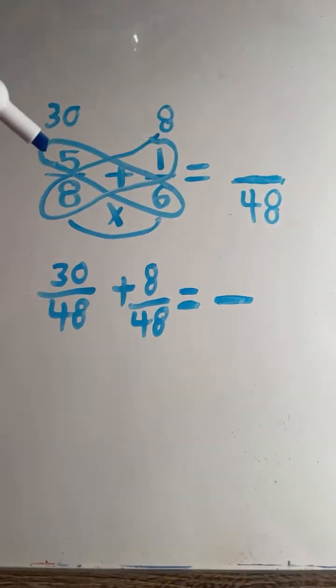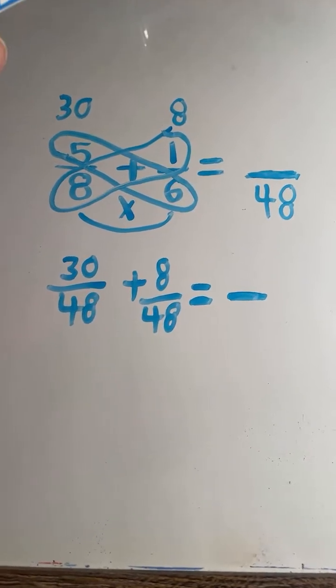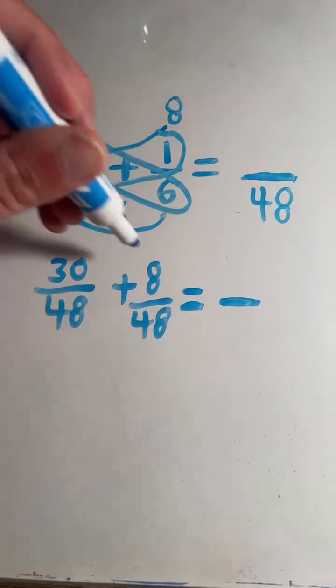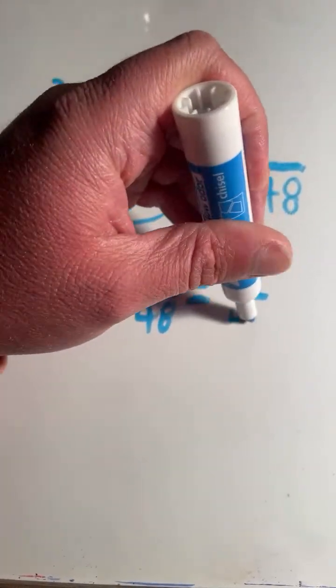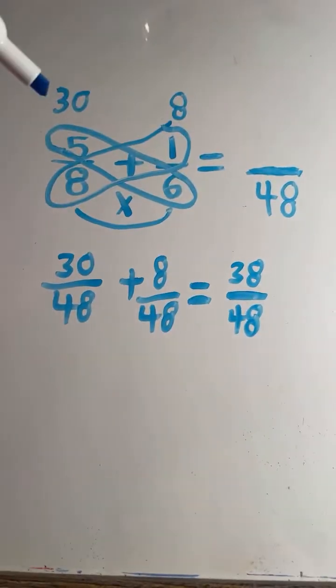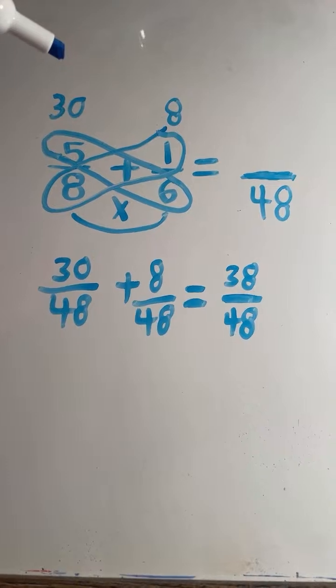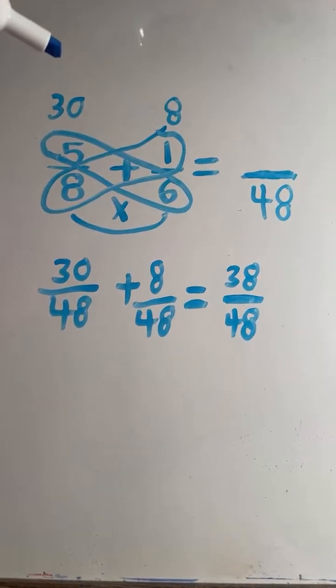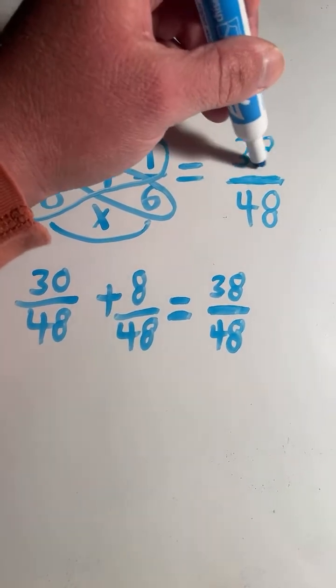Now that we have like terms and a common denominator, we can just add our numerators and keep our denominator the same. So 30 plus 8 equals 38. And the denominator is going to stay 48. So 5/8 plus 1/6 equals 38/48.